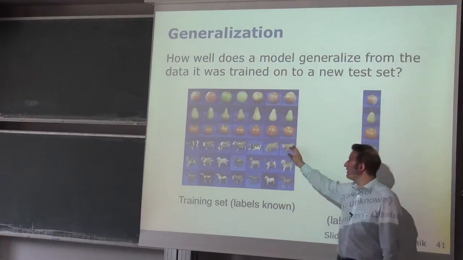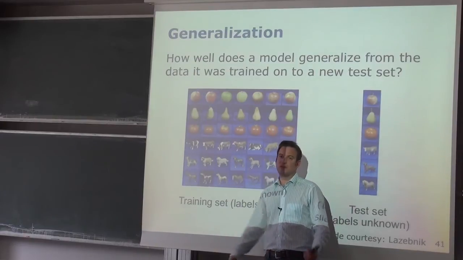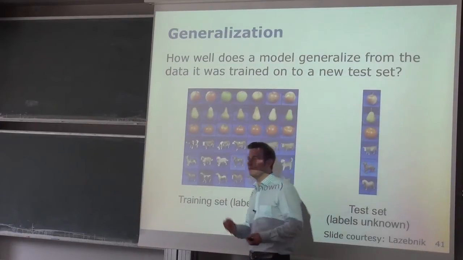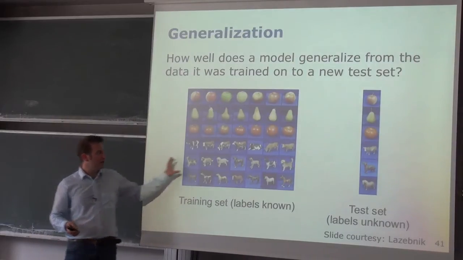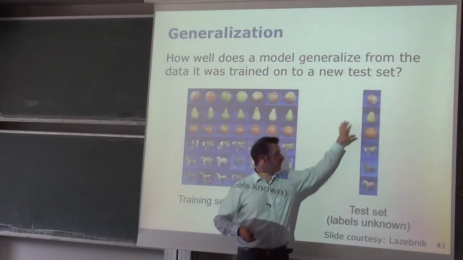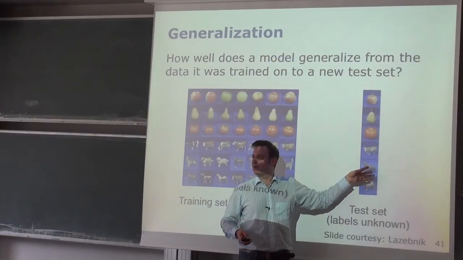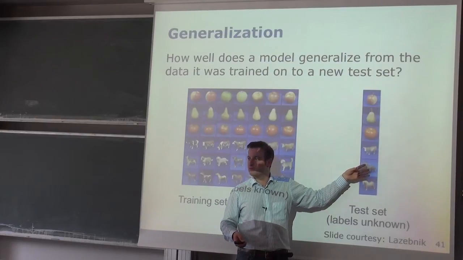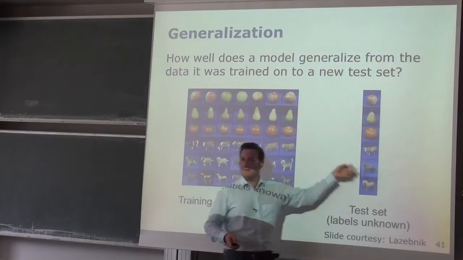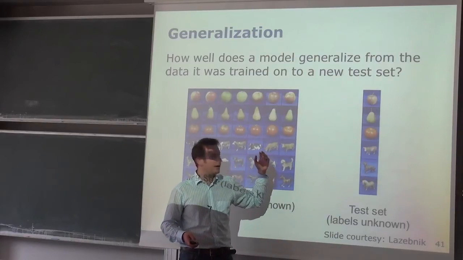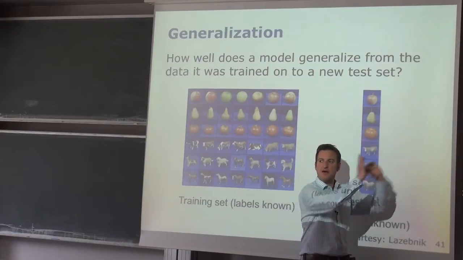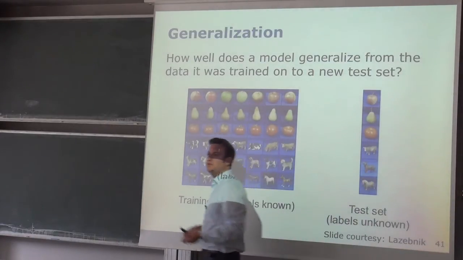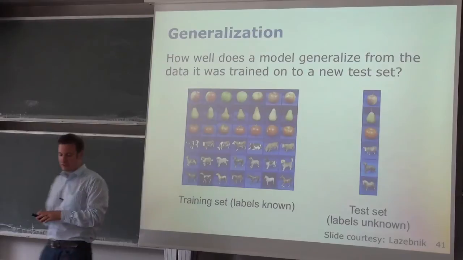If I would use the same data set, I would just need to store those cows and compare those images. That would be trivial. But I'm interested in generalization, so I'm learning on this, I'm testing on this set, and then maybe say, oh, the classifier I've chosen may not be a good decision because it performs so badly. Maybe I need a different classifier. And once I'm happy with my evaluation, say, I'm done, now I can deploy that and use this for the classification task I'm actually interested in.